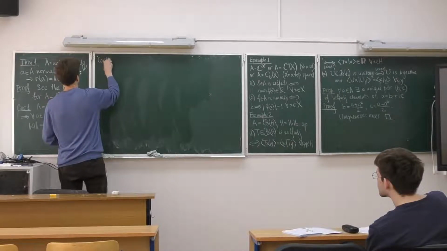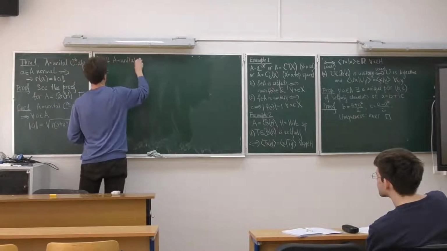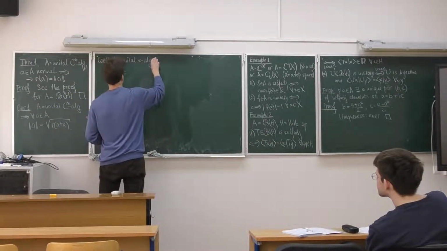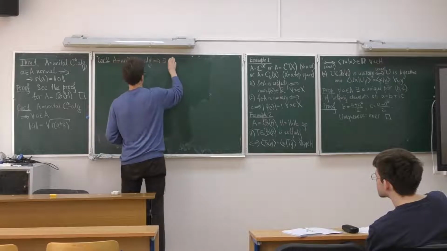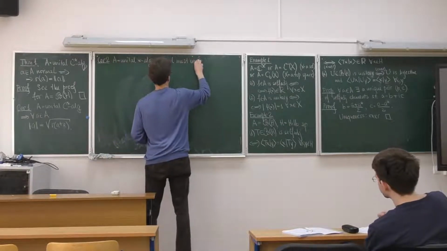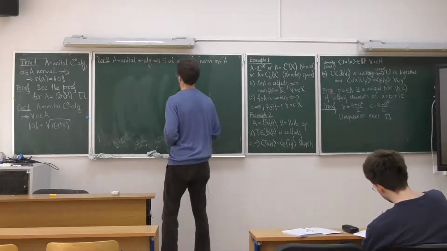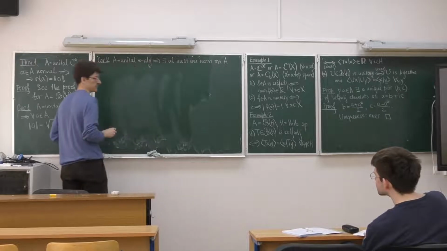Corollary 2. If A is a unital star algebra, then there is at most one norm on A making A into a C-star algebra.